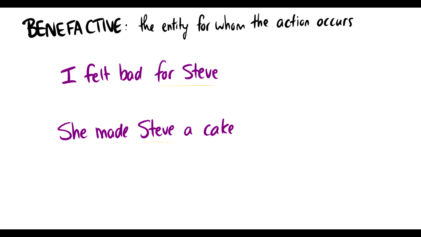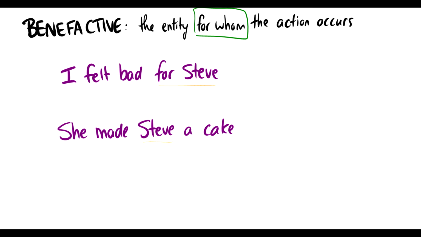And of course there's one more here. This is the benefactive. It makes more sense to say benefactor, depends on the textbook. But this is the entity for whom the action occurs. So here's the key, for whom, which means that something has to be done specifically for someone.